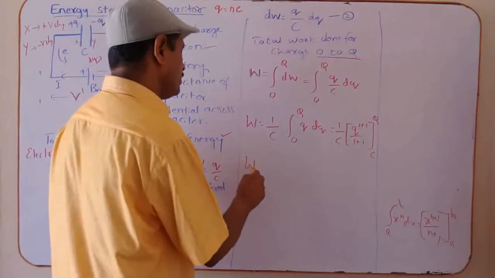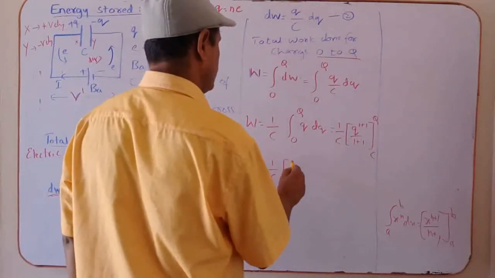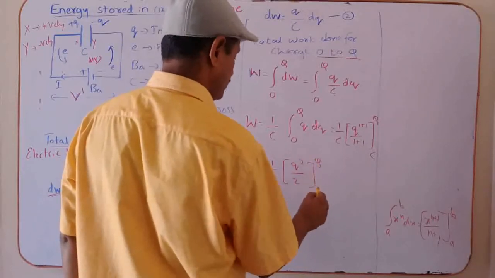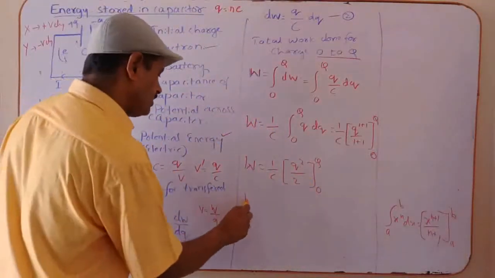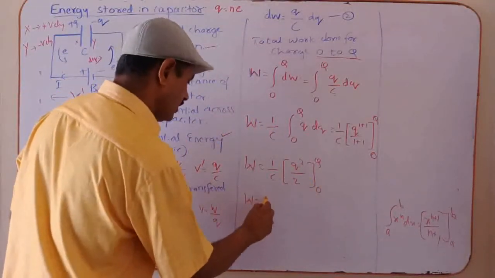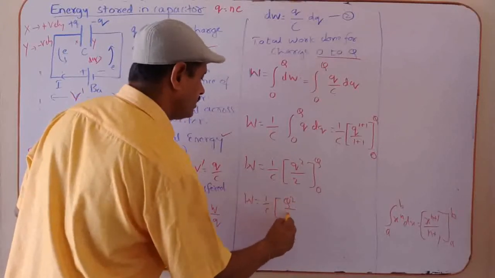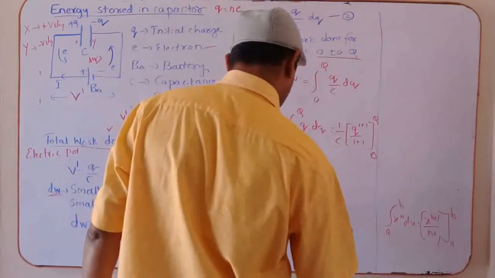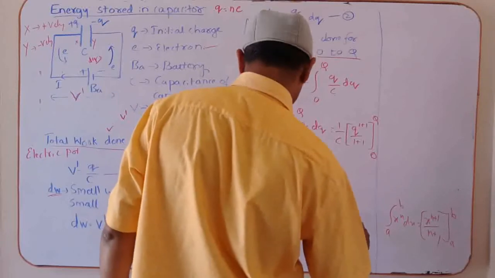Now W is equal to 1 by C, Q raised to 2 divided by 2, upper limit Q, lower limit 0. You put the upper limit, Q square divided by 2, and then the lower limit becomes 0. What you got here is Q square upon 2C. This is the work done.